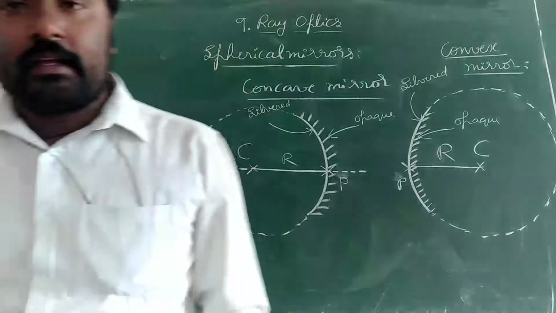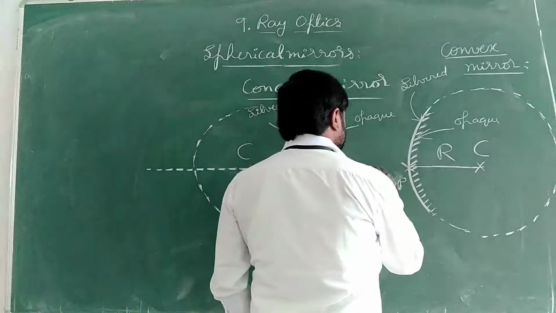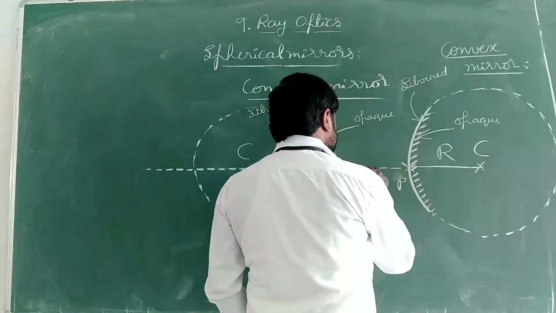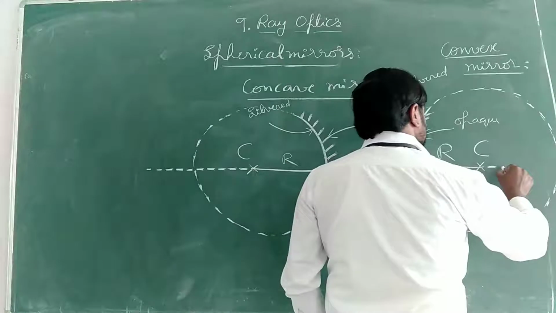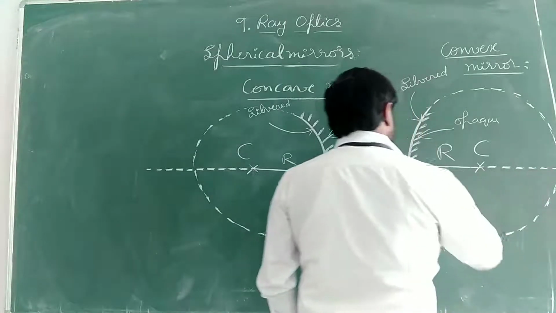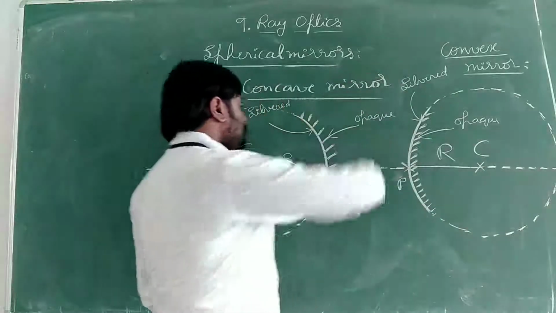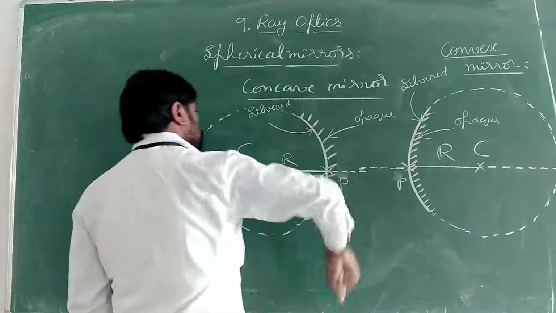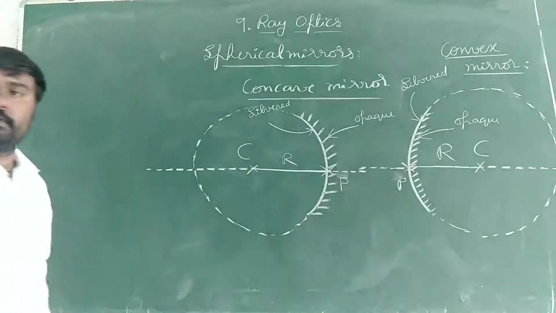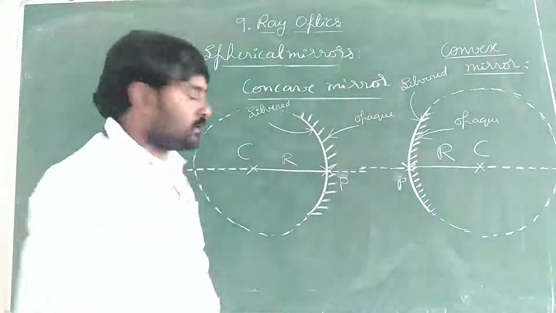That is actually the principal axis. A line passing through the pole and center of curvature. So this is the principal axis of this convex mirror. So this is the principal axis of the concave mirror.